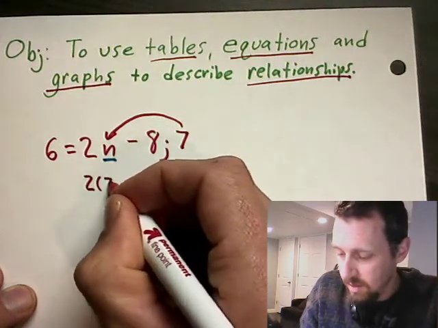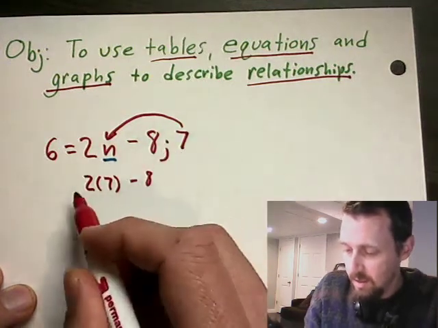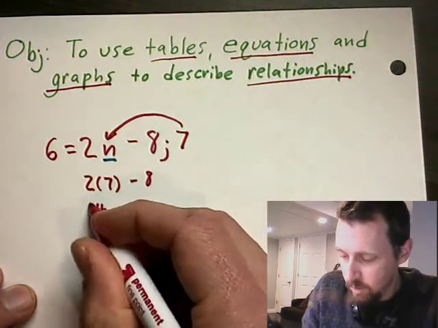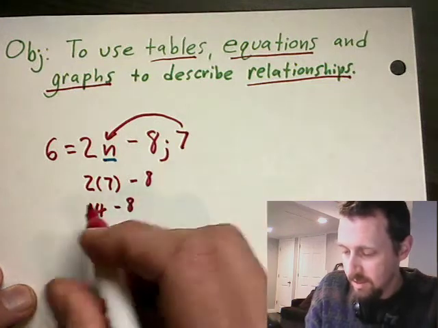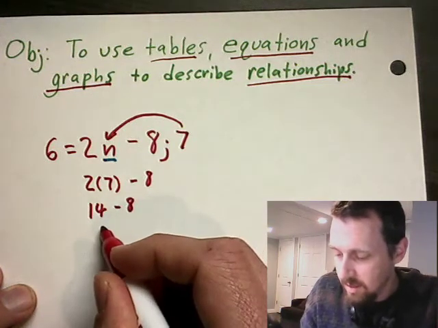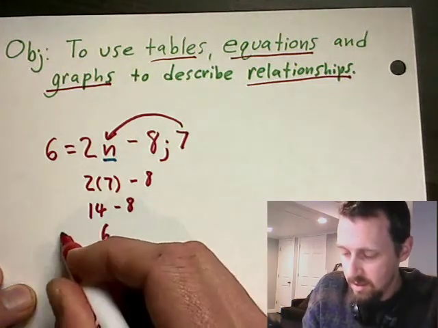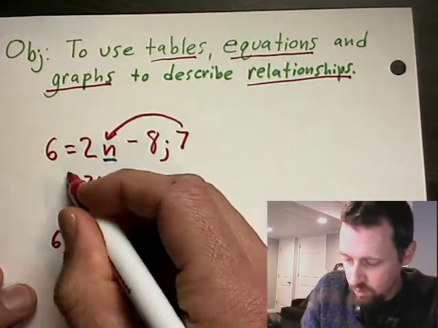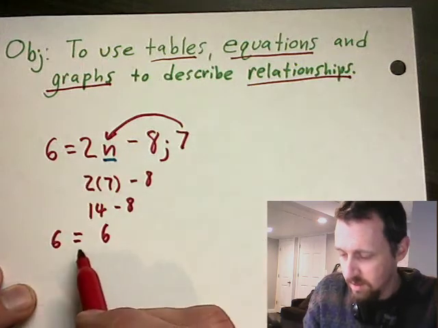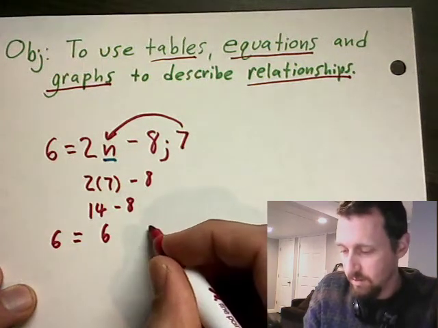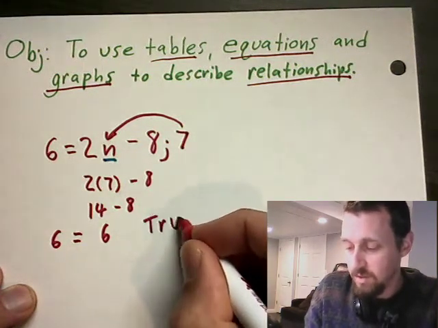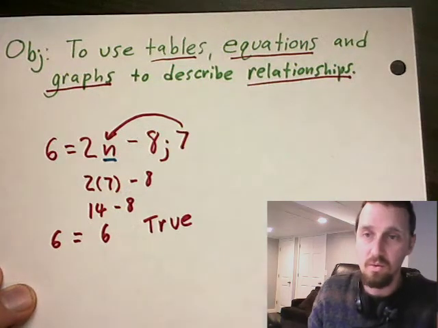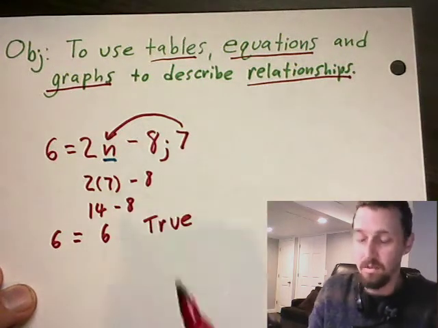So 2 times 7 minus 8. 2 times 7 is 14, minus 8. 14 minus 8 is 6. And 6 equals 6. So if I was doing this problem for my homework, I would say that this is true, or like, yes, this number does work.